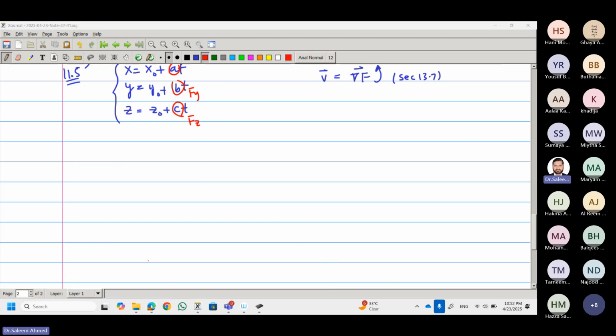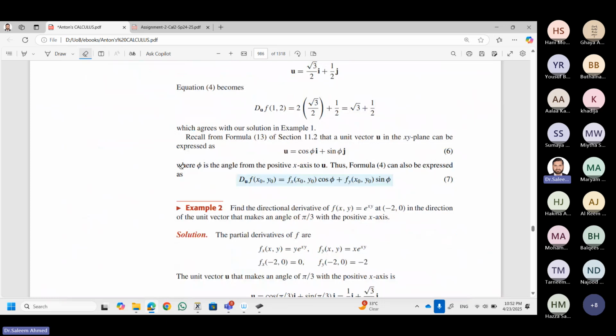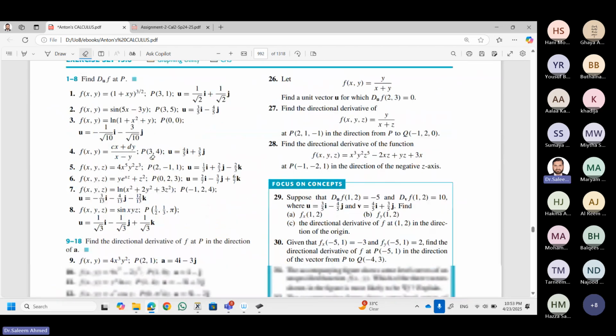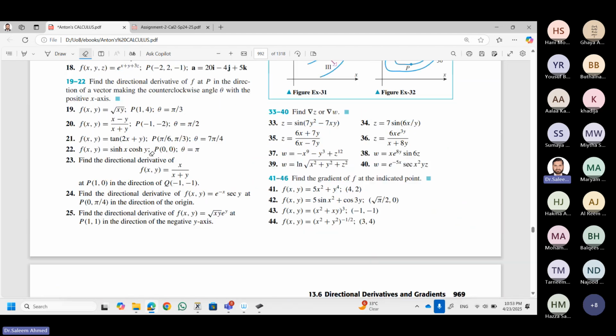Let's see if I pick something from the exercises here. Gradient vectors and directional derivative. Here they ask us for the gradient. If you pick any formula here, you can find the gradient of f at the indicated point.